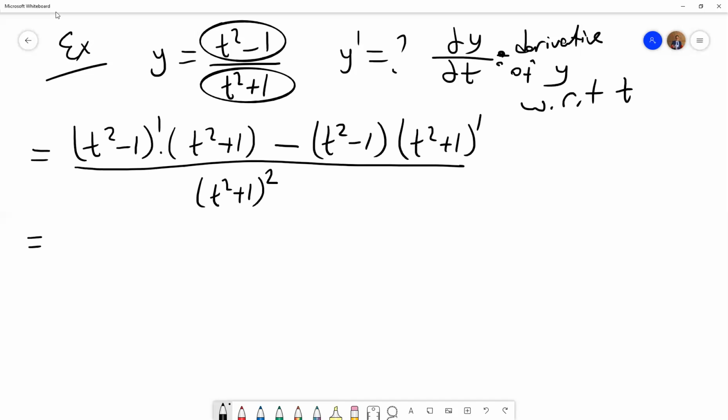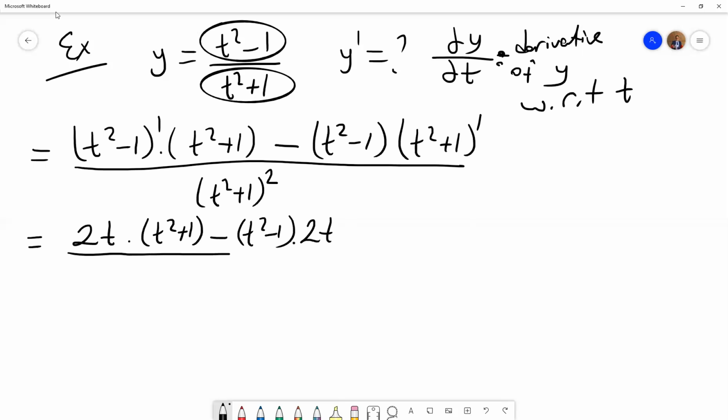The derivative of t squared minus 1 is 2t, times t squared plus 1, minus t squared minus 1 times the derivative of t squared plus 1, which is 2t. And we have the same t squared plus 1 squared for the denominator.